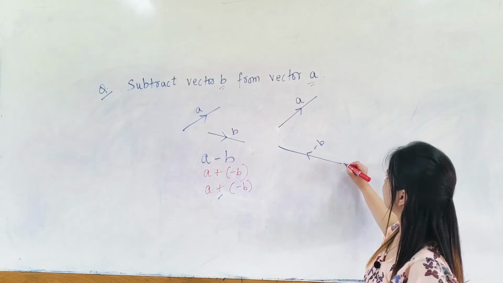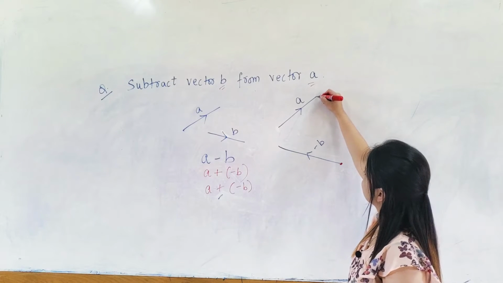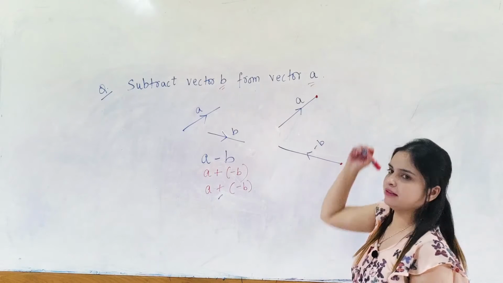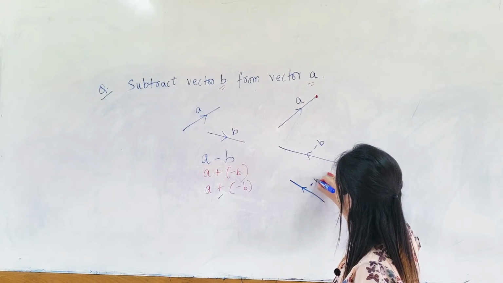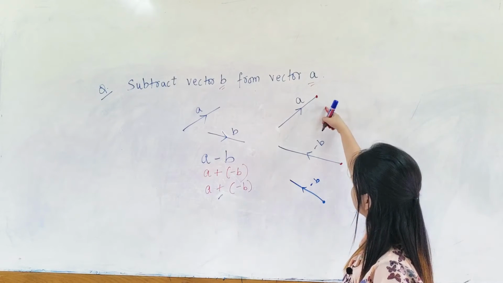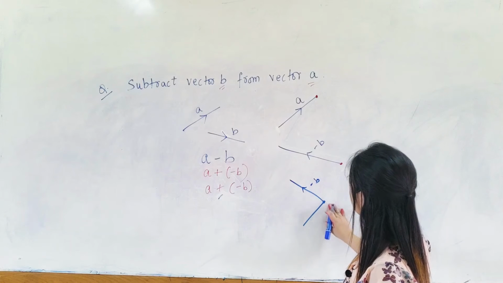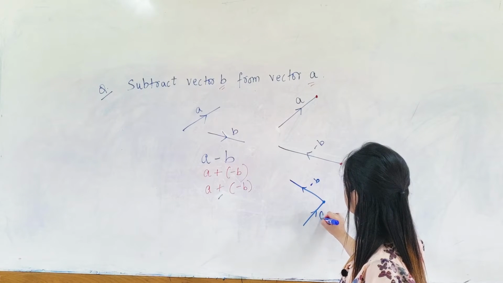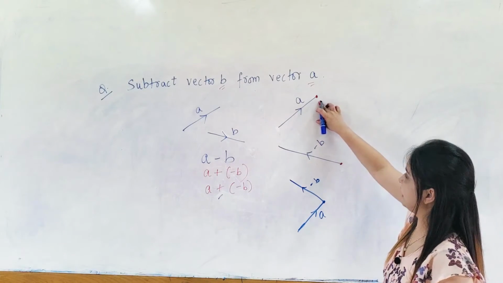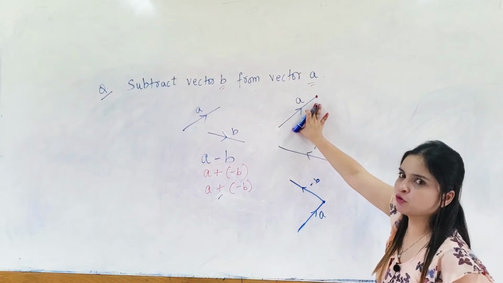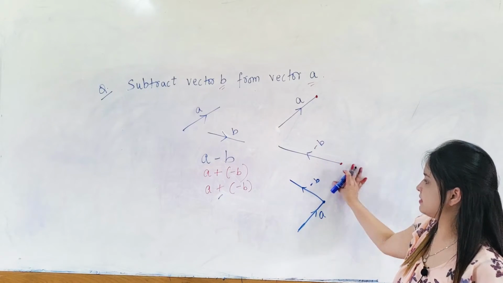Suppose I join this end of B to this end of A. I move this and place it over here like this.